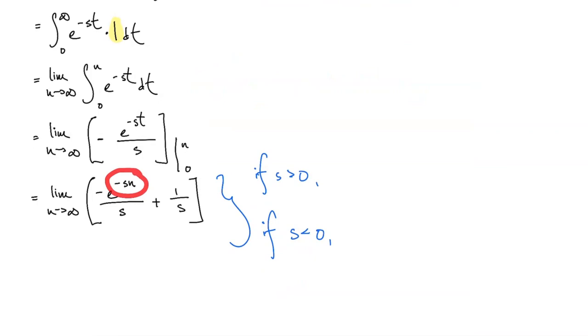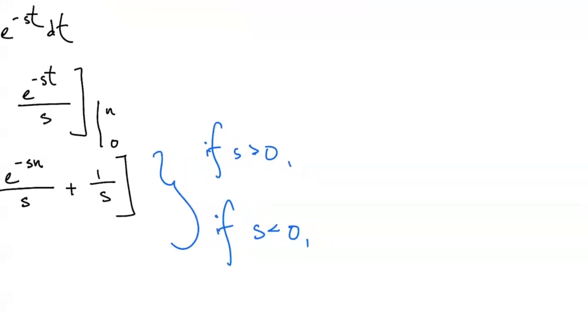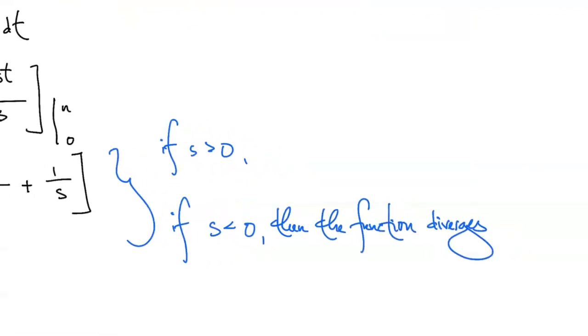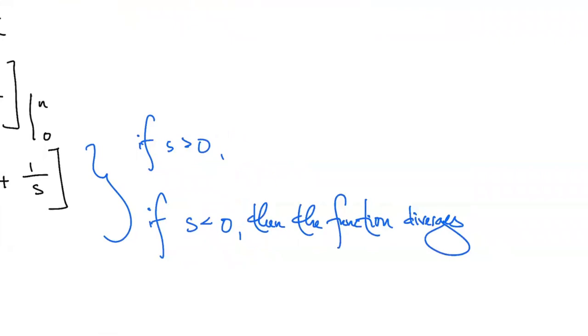And when that exponent gets positive, that is going to just blow up the system. Okay, so if S is less than 0, then the function diverges.